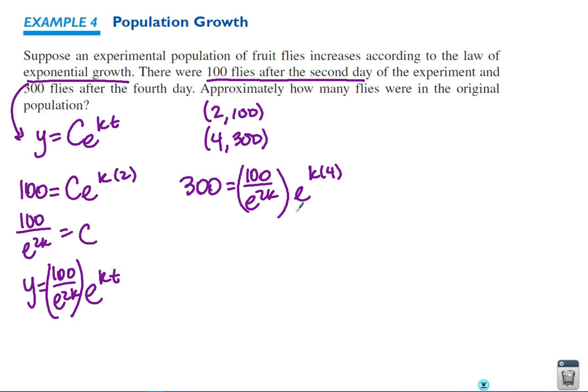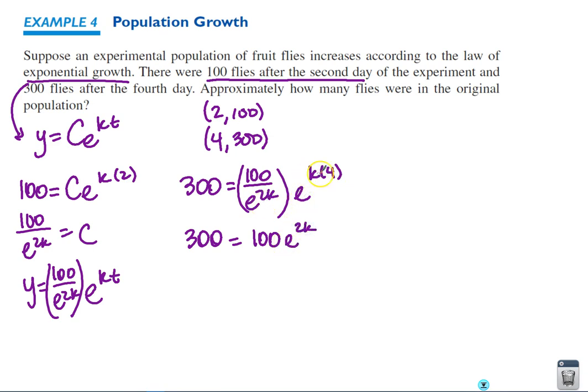So I've got 300 equals 100. Now I have e to the 4k, e to the 2k. Using your division rules for exponents, this guy divided by this guy, I subtract my exponents, and this becomes e to the 2k.